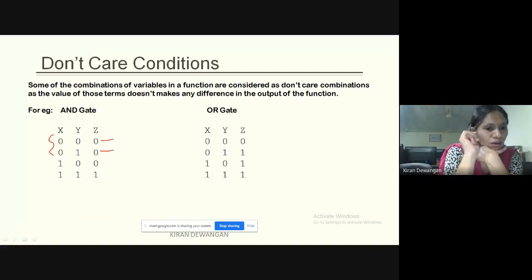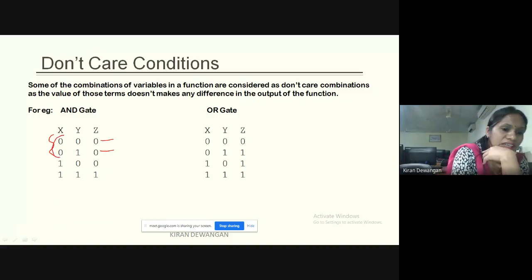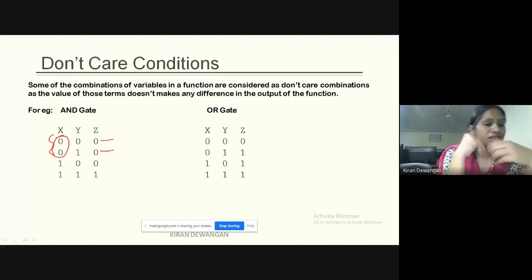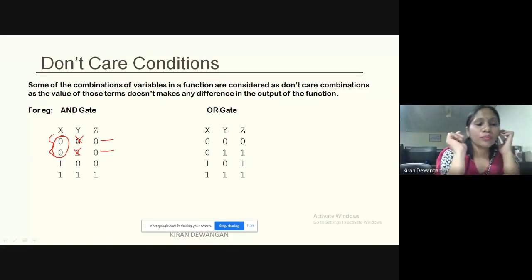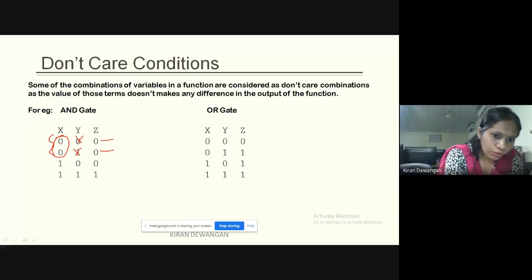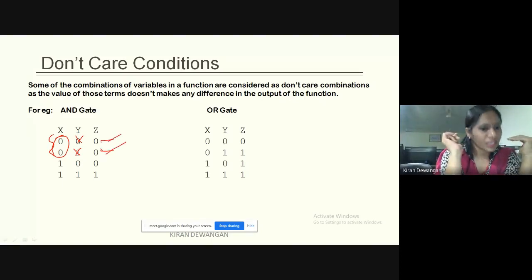So what is common here is the input 0 that is given to X. Now that doesn't matter whatever is the input given to Y. Whatever input I give to Y, my output will still be same. Clear? If I give 0, then also it is 0. If I give 1, then also it is 1.